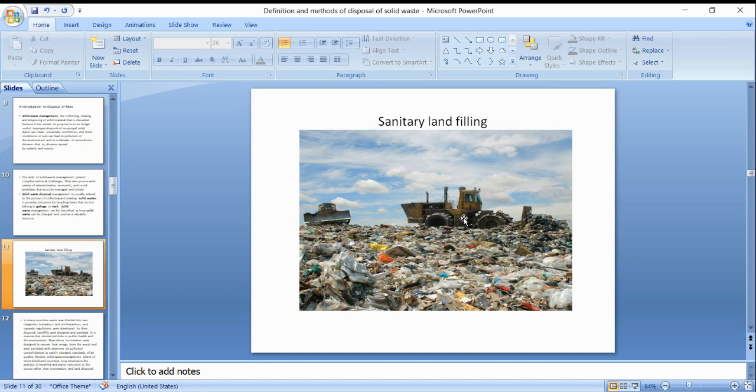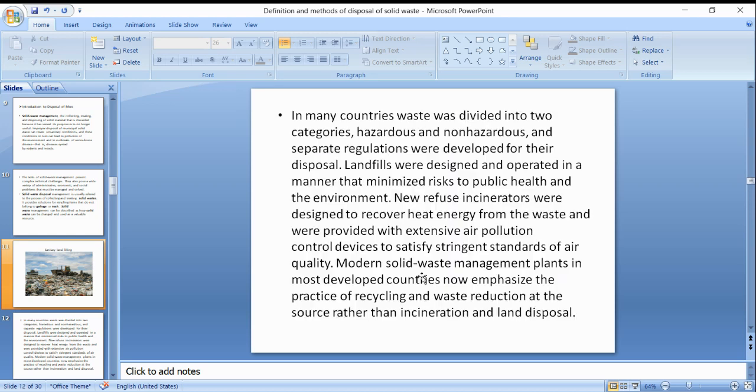This machine is making compaction at this location. This waste is taken to communal storage, where they can segregate the paper and covers like this.